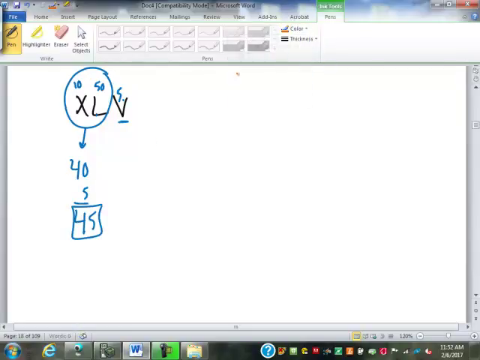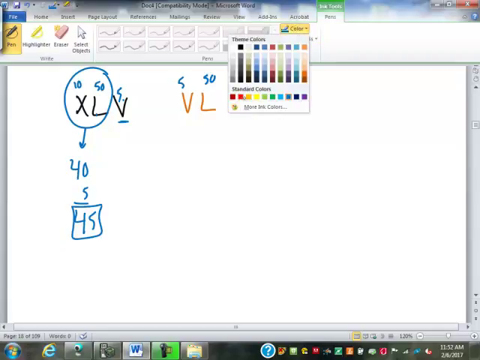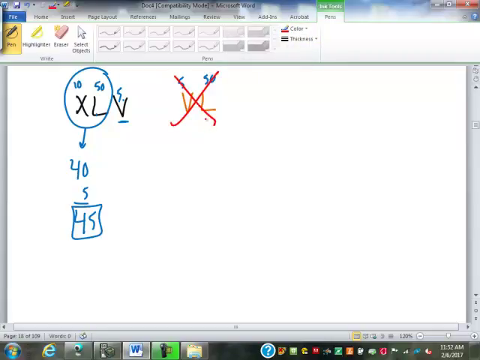I get asked all the time, why would they not just do VL? So we've got a 5 and a 50, so 50 minus 5 is 45, which seems simpler. But as I said, they tended not to do that. They tended to only subtract powers of 10: ones, tens, hundreds. I realized that their numbering system was independent from ours.